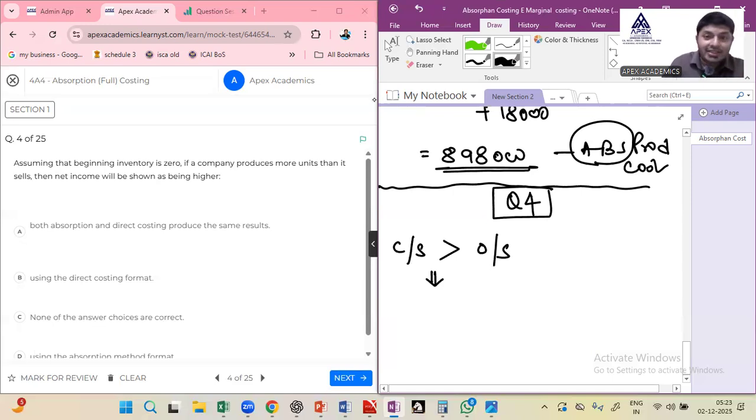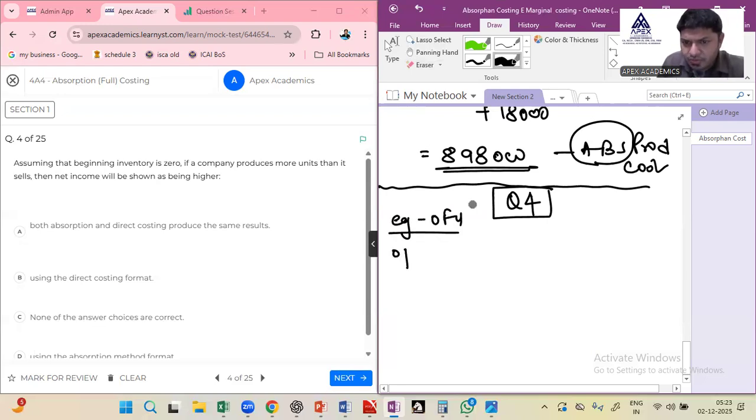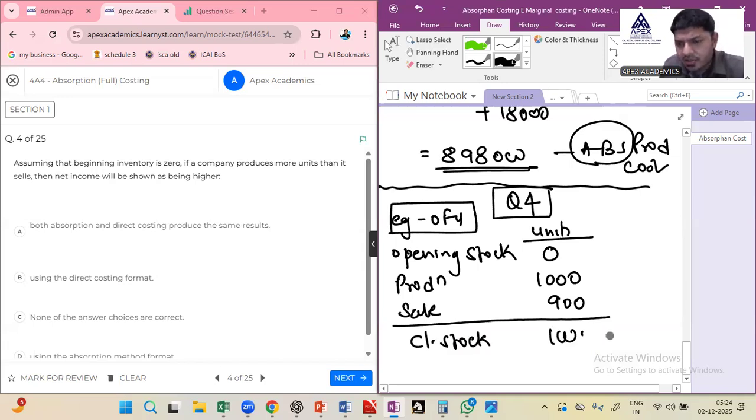So for this, there is an interesting chart that I would like to present to all of you. Now, let us say for example, this is only an example, this is for your conceptual understanding. I am looking at opening stock. Suppose opening stock is 0 units, my production is 1000 units, and my sale is 900 units, obviously my closing stock is going to be 100 units.